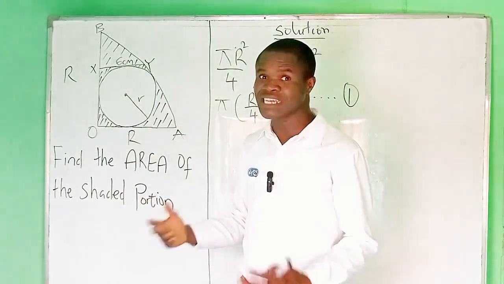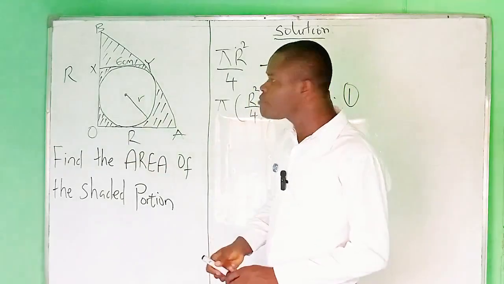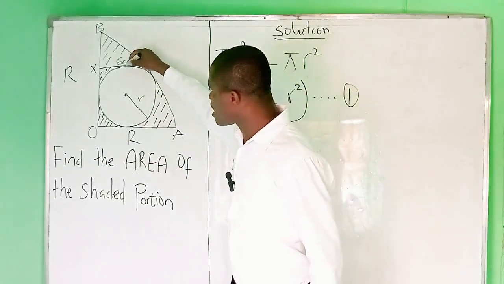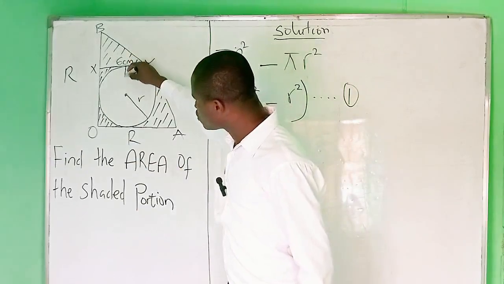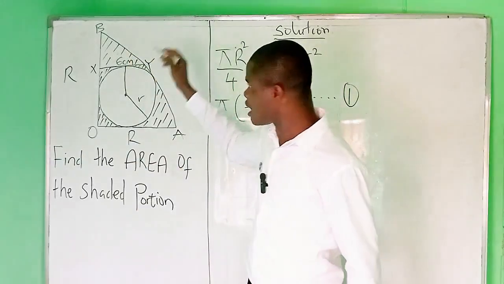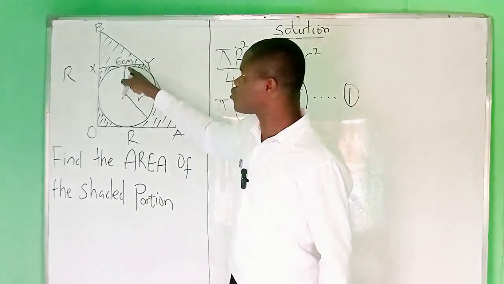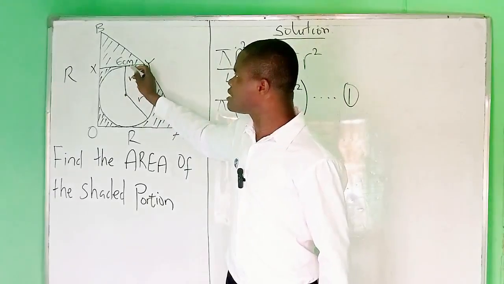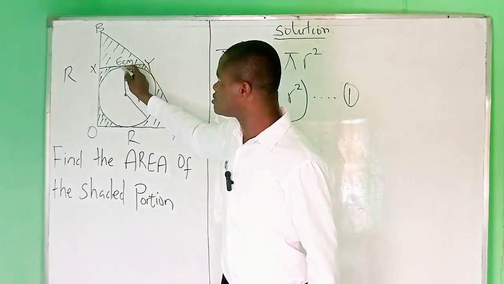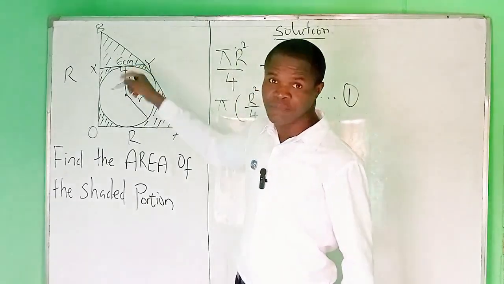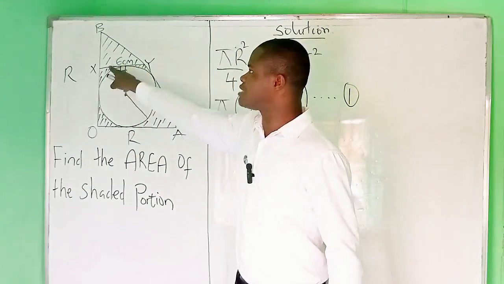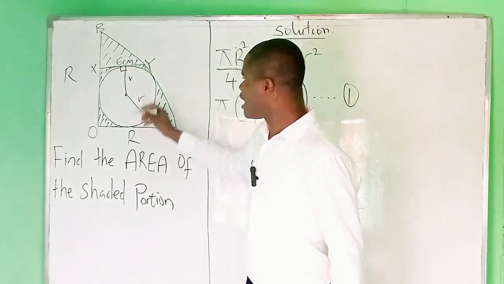So these two lines are tangential to this circle. Remember that from here to here is a radius r. So this radius is perpendicular, 90 degrees, to the tangent.